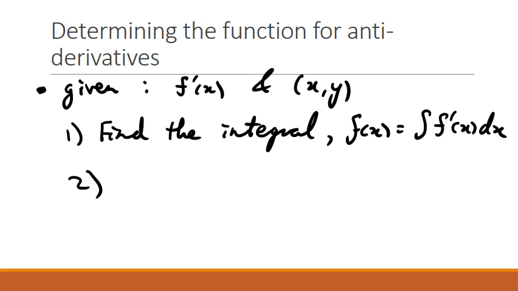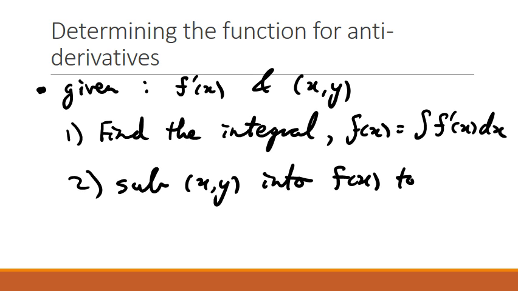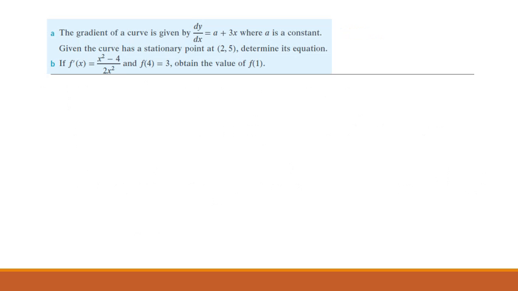Then, step 2, what do you think you'll do once you found it? Yep, you just find c. So sub in x, y into f of x to find c. Fairly straightforward stuff. I might only do the first one because the second one's the same.